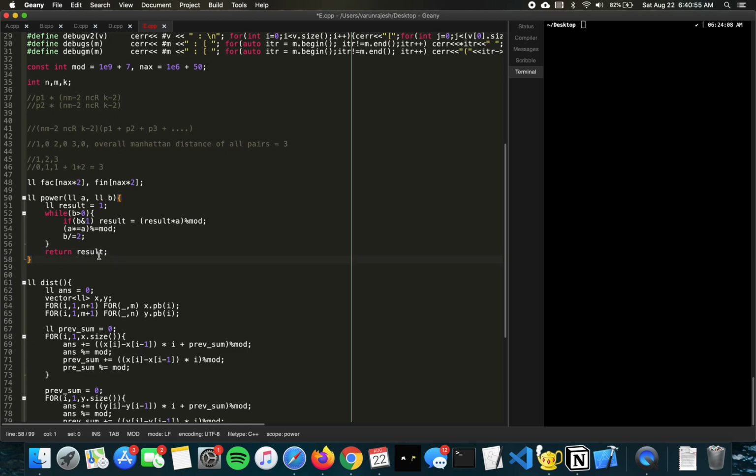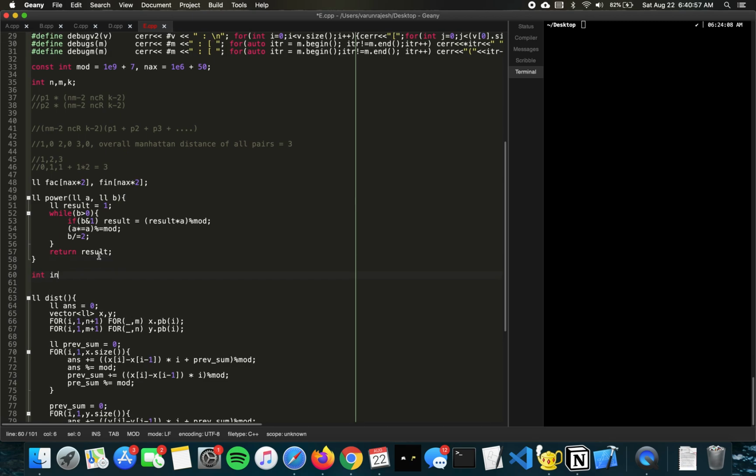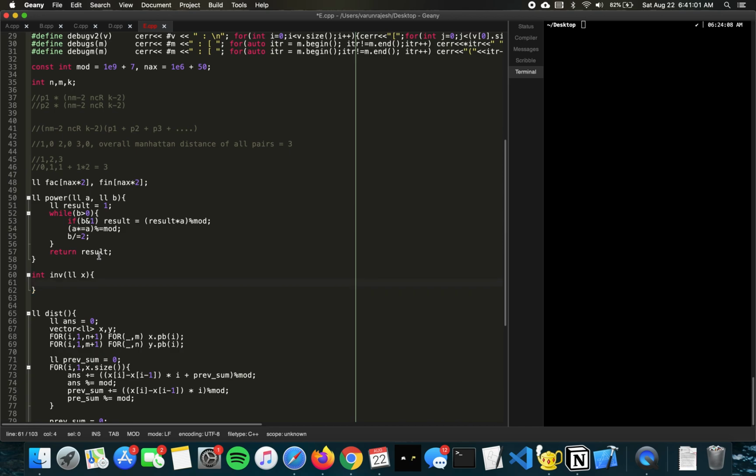So now that we have power, we need to write the inverse function to calculate choosing in a faster way. So let's just set E to be mod minus 2, R equals 1.